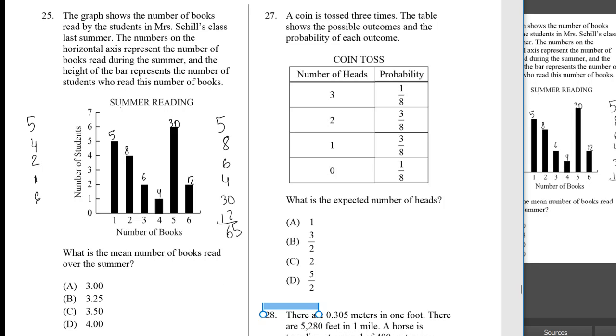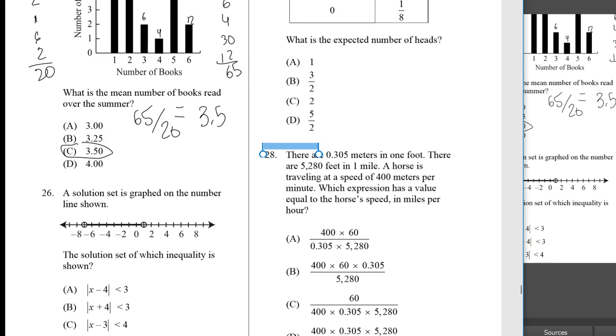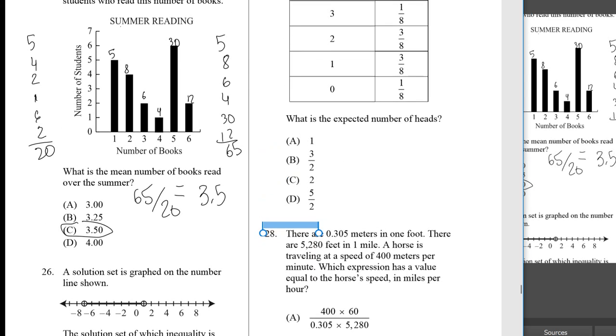And then there's 2 students who read 12. I think it's 9, 11 plus 9 is 20. So 65 divided by 20, because that's how you find the average, is going to give me a total of 3.5. So C should be your answer here. Not too difficult, just a little bit time consuming.